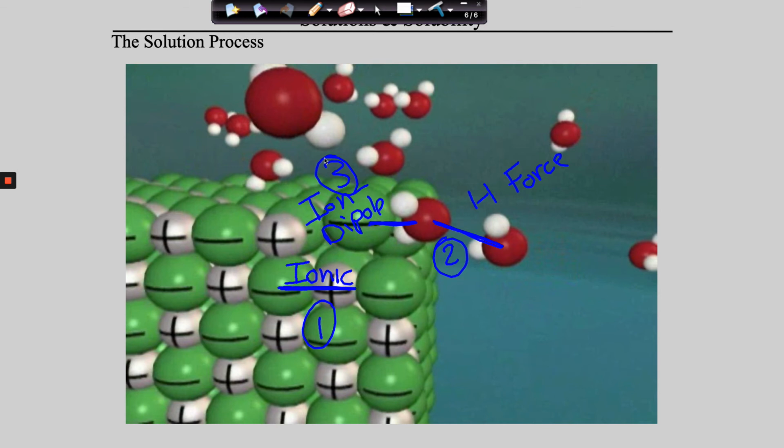One of those fundamental ideas is that breaking things always absorbs energy. And because we are in the system, and if energy is going in, what is the sign? Positive.